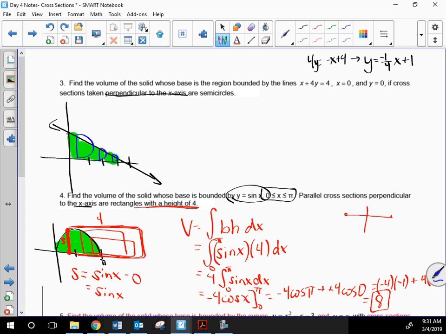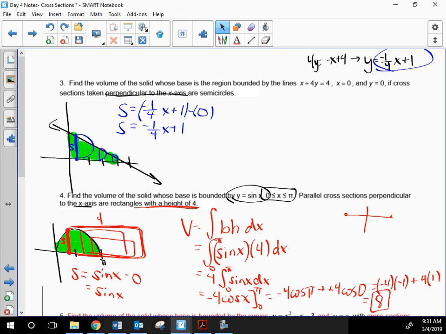Okay, so we have semicircles coming out here, and our semicircles lie on the base. So my side of my semicircle is based upon our region here. When I establish my side, it's always top minus bottom. My top function is negative 1/4 x plus 1 minus bottom, which is just 0. So we really just have negative 1/4 x plus 1.